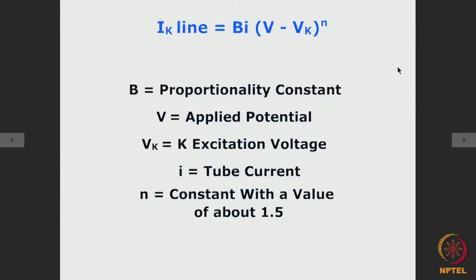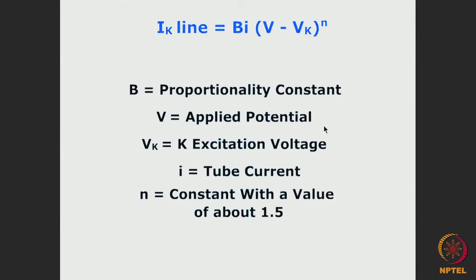Now, when we look at the intensity of the characteristic lines, the intensity of the characteristic line can be given by an expression of this type: B I (V minus V k) to the power n. Here B is a proportionality constant, V is the applied potential, and V k is what is known as the K excitation voltage, the threshold voltage beyond which the characteristic radiations will appear.